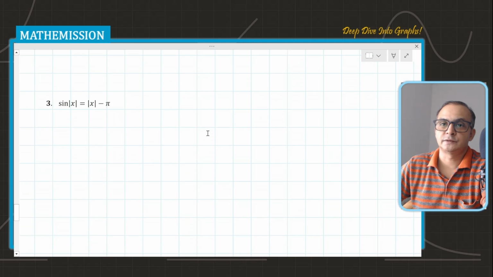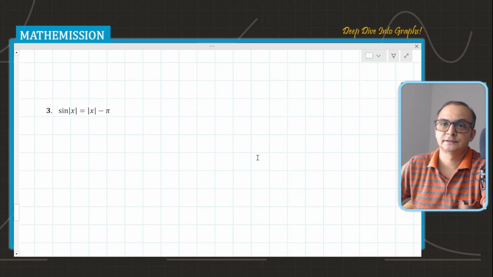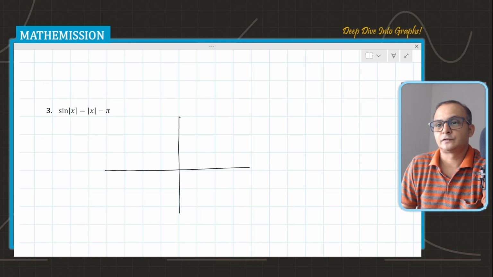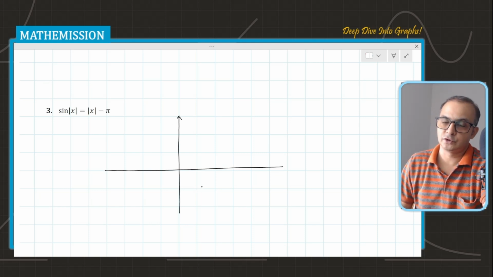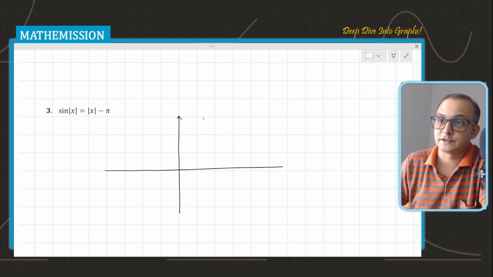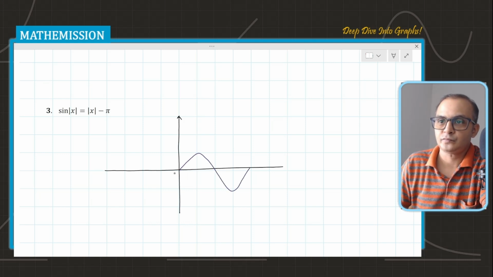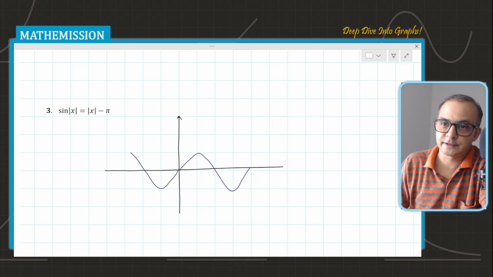Let's go to the next question. Sine of mod x is equal to mod x minus pi. So first we draw the graph of sine x, then we draw the graph of sine of mod x. How do we draw the graph of sine mod x? First sine x. So sine x is this, and we are drawing the graph of sine mod x.